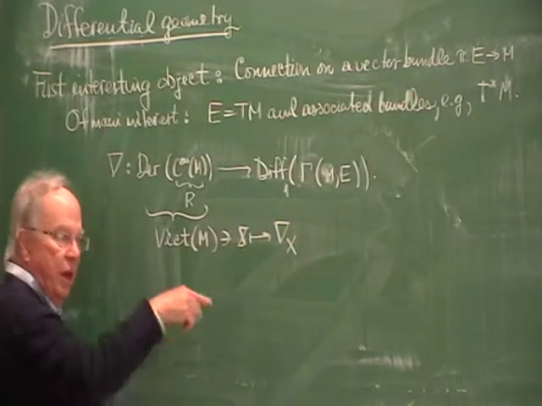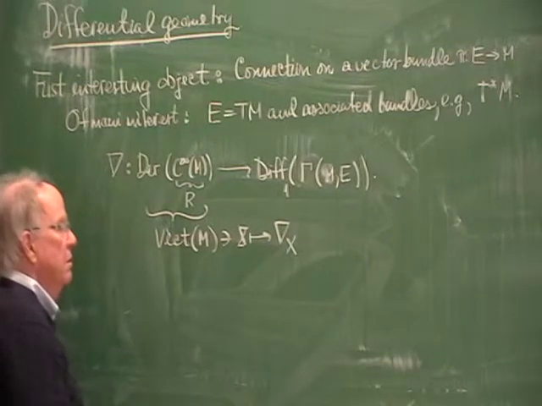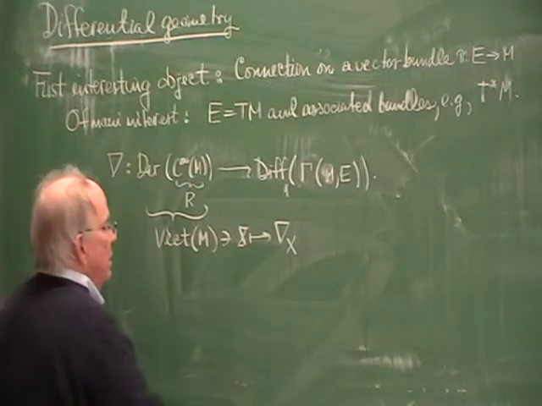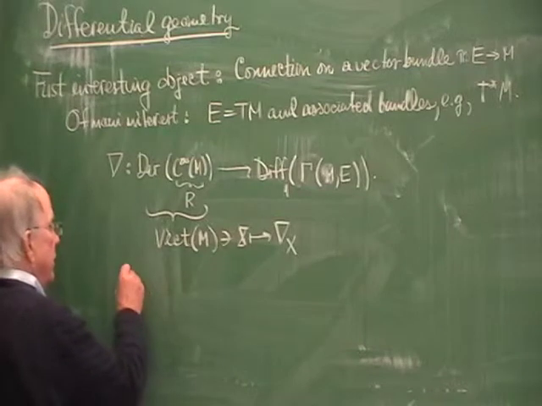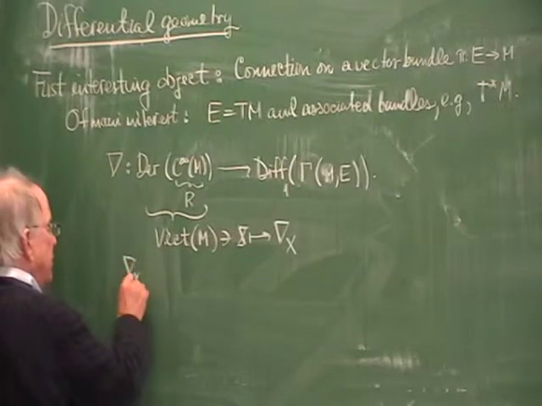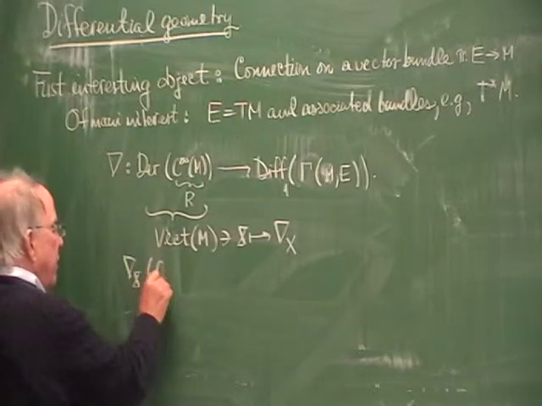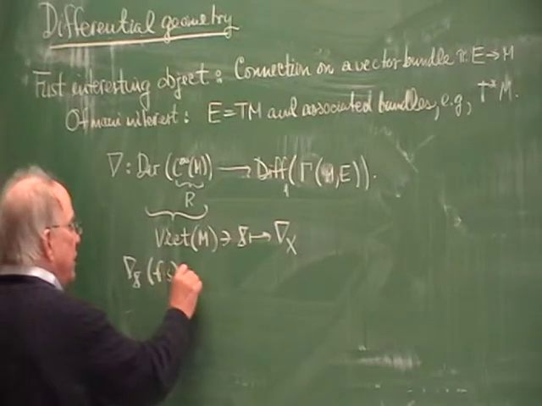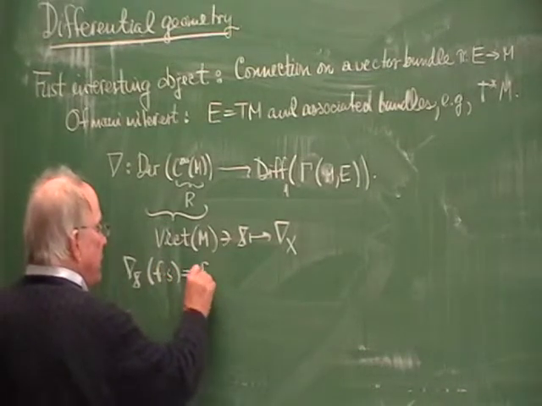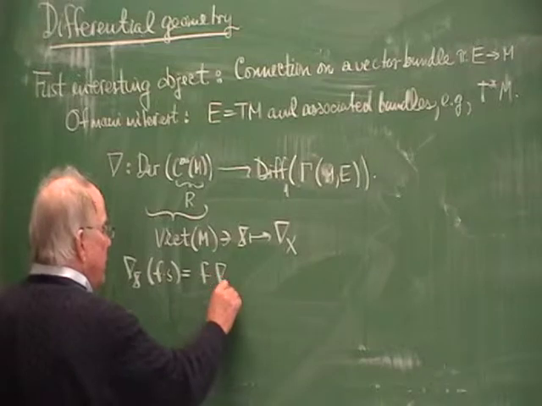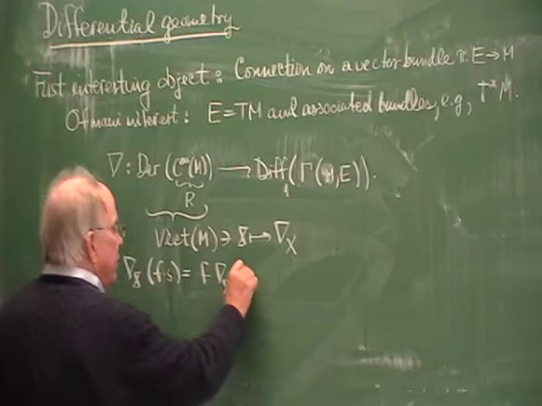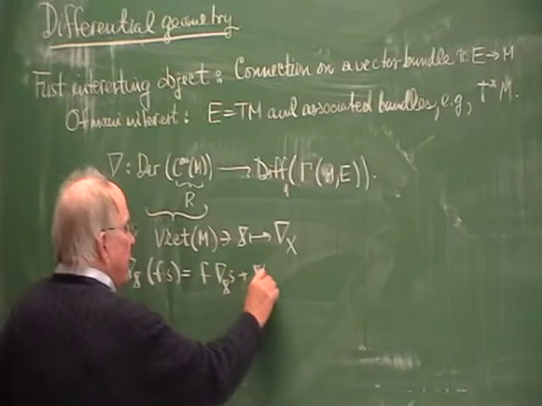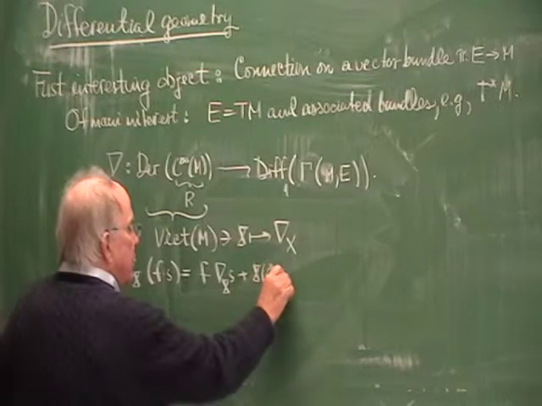You take x to the operator nabla sub x. And the differential operator condition is nabla, it acts as a derivation the obvious way, of f times the section is f times the derivative of the section. So this is the derivation condition, x of f times the section.